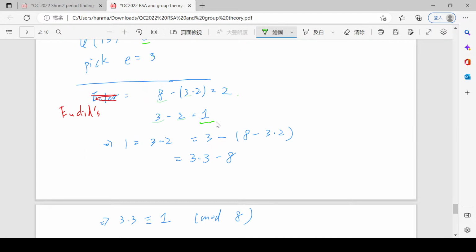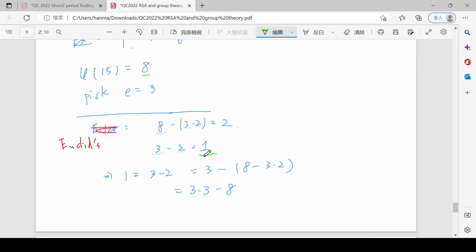You write 1 as a linear combination of 8 and 3. So 1 equals 3 minus 2, and then you write 2 as 8 minus 3 times 2. So now everything is in terms of 3 and 8. Then you write 3 times 3 minus 8 equal to 1.